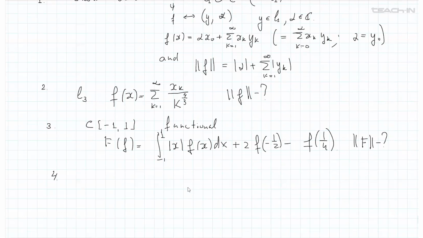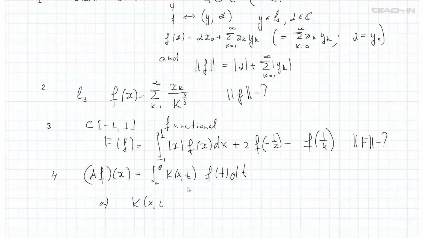The fourth problem. Consider an integral operator. We investigate this operator from continuous functions to continuous functions. A: k(x,t) is a continuous function on the square, and consider this operator from L1[a,b] to C[a,b].